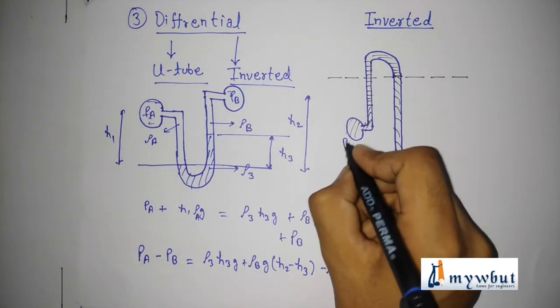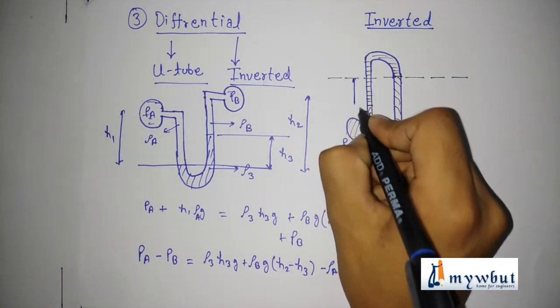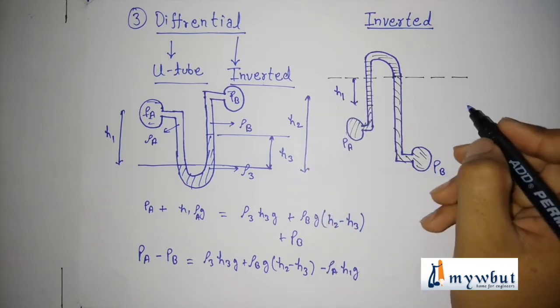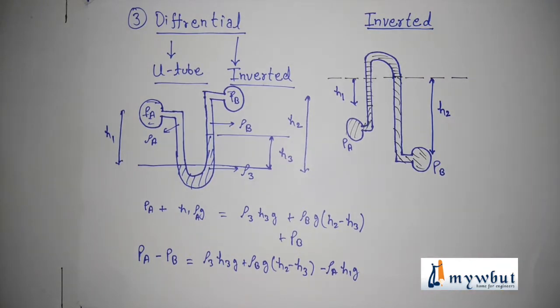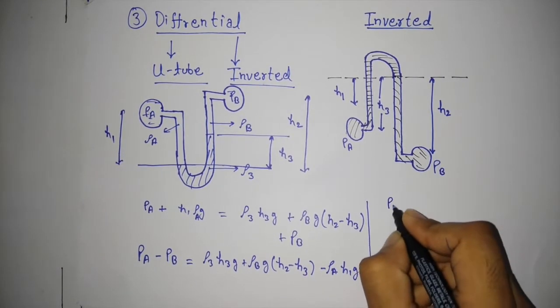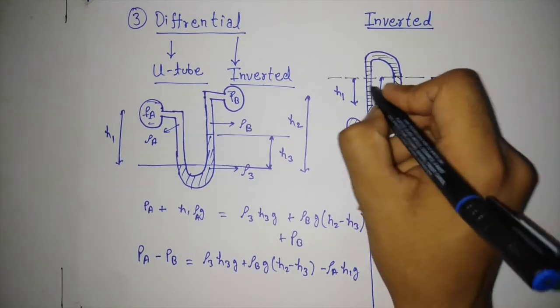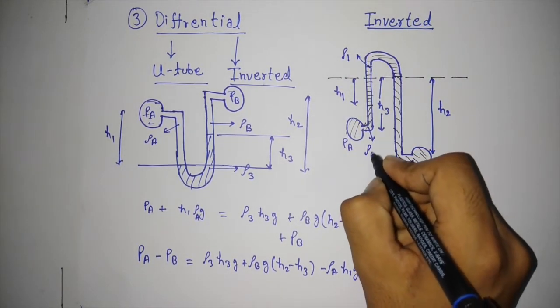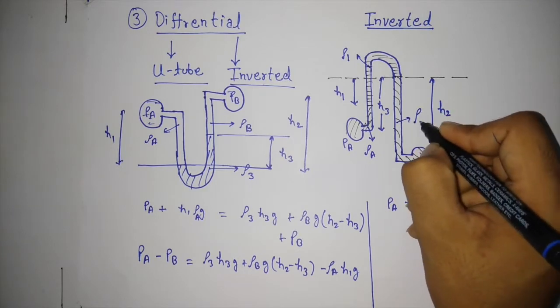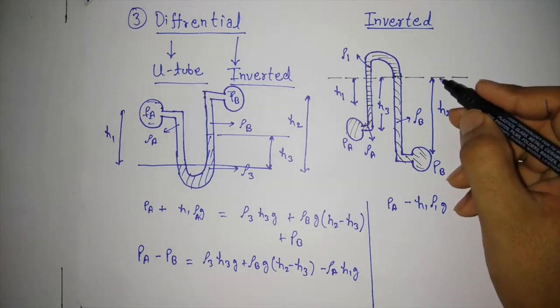Here, if this pressure side has PA and here PB, the elevation here is H1 and here H2, then we can write the equation as PA minus H1 rho 1 G, if the density of this fluid is rho 1, of this fluid is rho A, and of this fluid is rho B. Here minus sign is used because the pressure we are measuring is below the datum line.